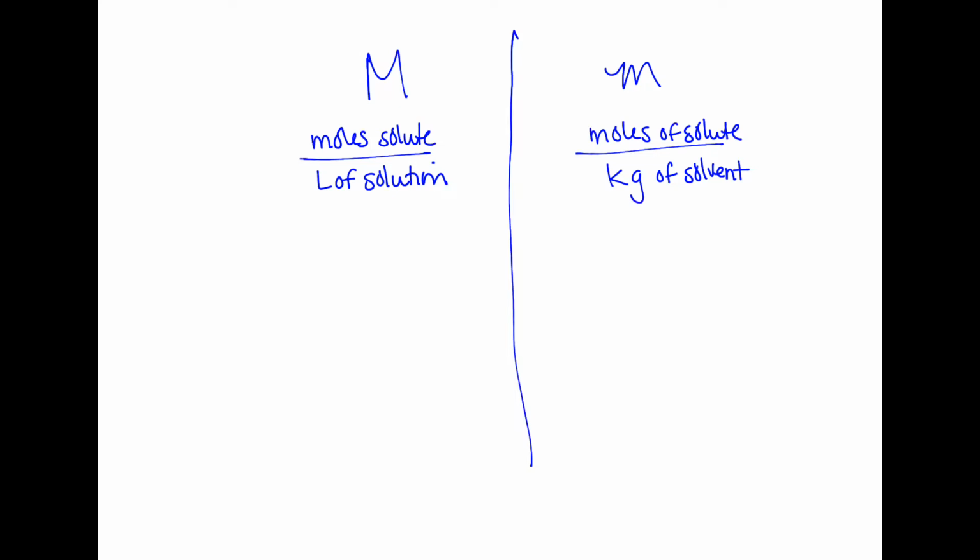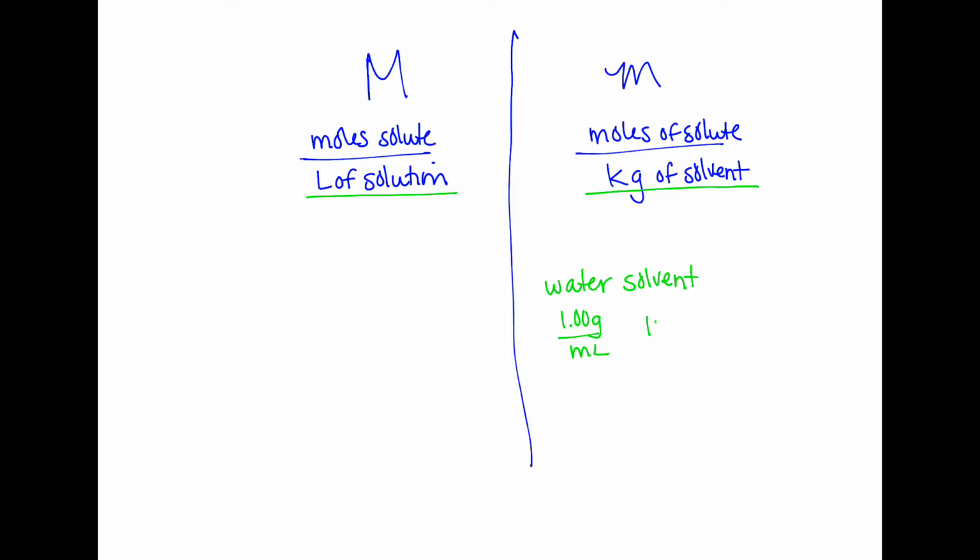And the reason why that is true is because when you look at what's different between them, liters of solution on the bottom for molarity and kilograms of solvent on the bottom for molality, those look like totally different numbers. But the solutions that we make usually have water as the solvent, and water has a density of about 1 gram per milliliter.